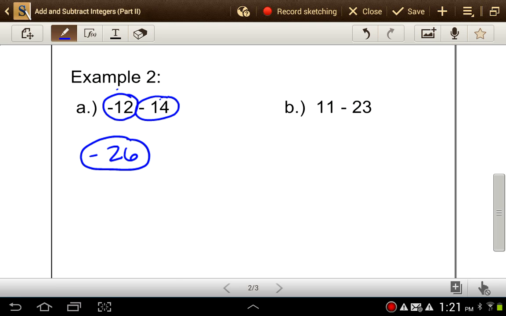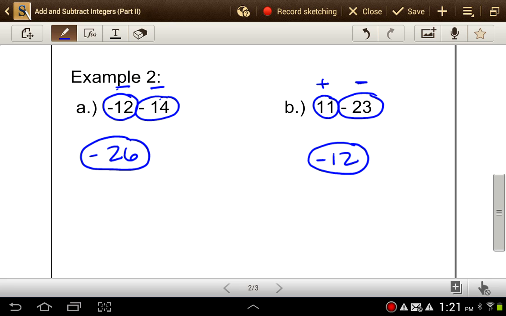Okay, so a negative 12 and a negative 14. Okay, this first number, that is a positive 11. The second number, 11 minus 23, that is a negative number, negative 23. I have one positive and one negative number, different signs, so I subtract them. 23 minus 11 is 12, okay, and then I look, I have the negative 23. 23 is further away from 0, that's negative, so my answer is negative 12, okay?